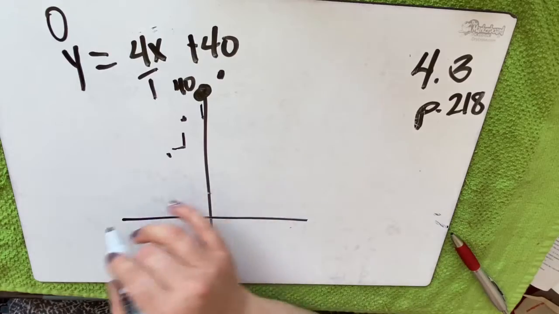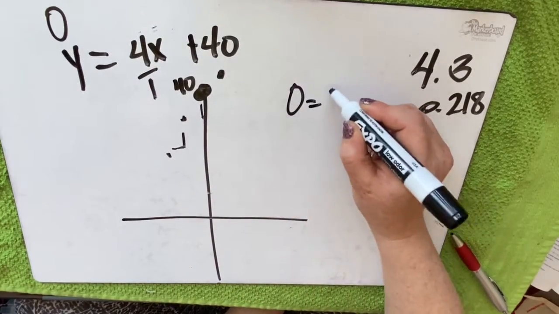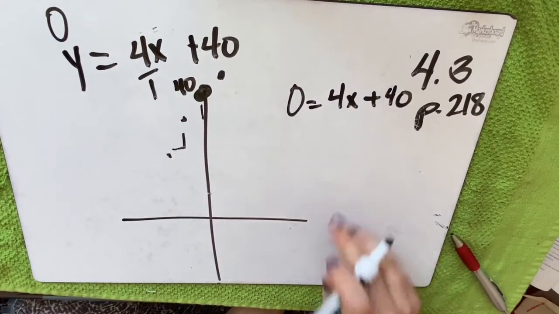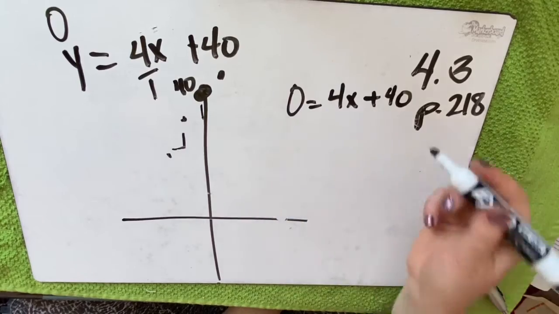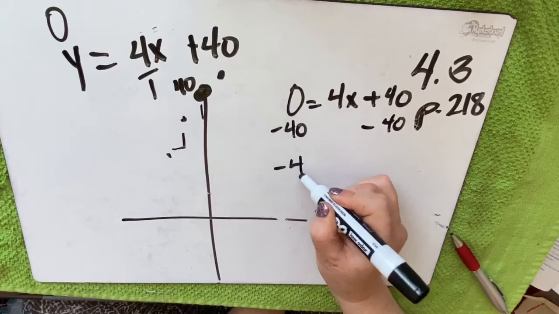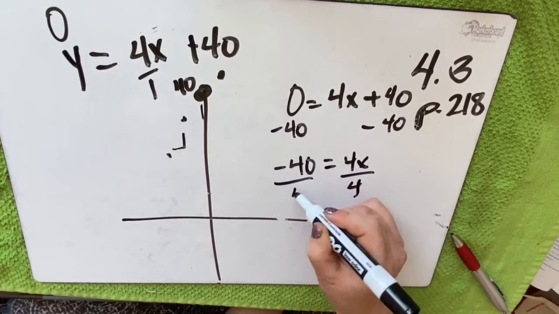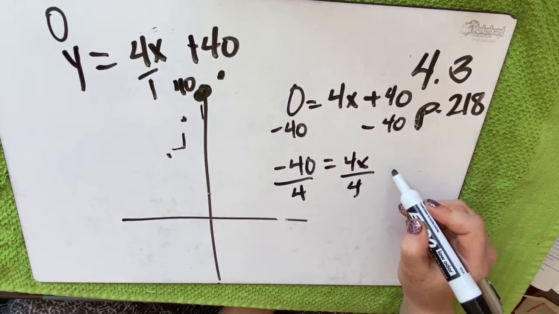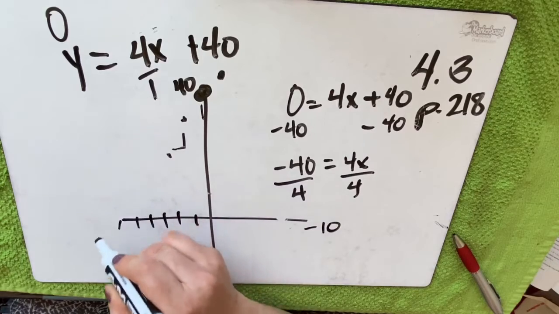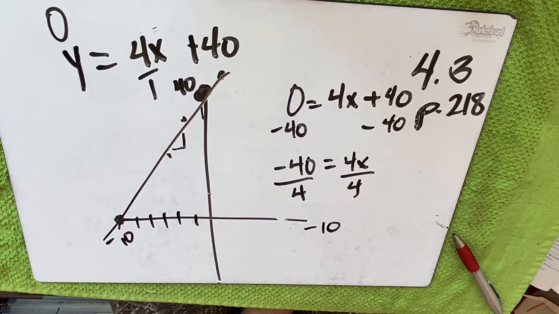So I have 0 equals 4x plus 40, and I have to solve for x. So minus 40, negative 40 equals 4x, divide by 4, divide by 4. This will be negative 10, right? So this will go 1, 2, 3, 4, 5, all the way back to negative 10. And there's my line.